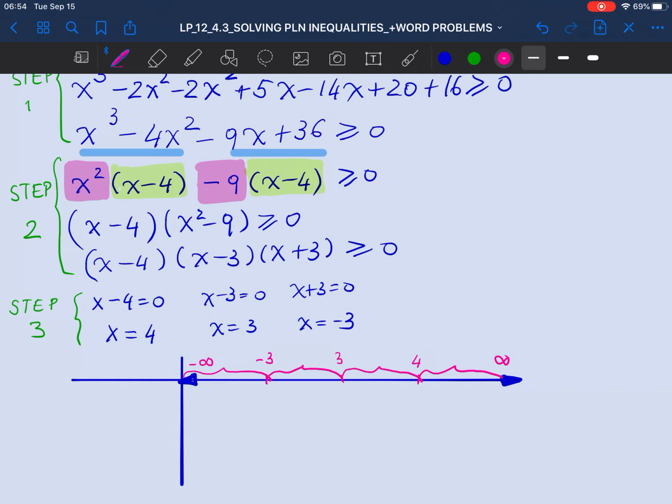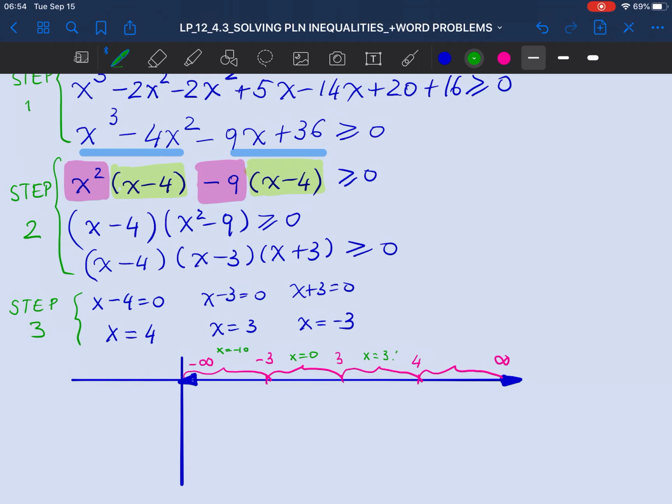And in every interval, I am going to select a testing value, which we are going to use to test each factor, so the sign of each factor. So a testing value of negative 10, a testing value of 0. Always choose the easier numbers to plug into the expression.